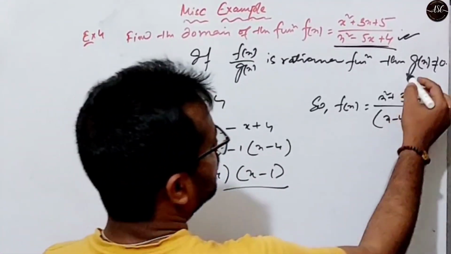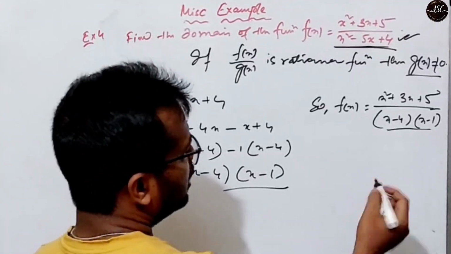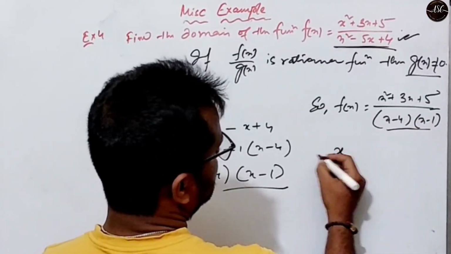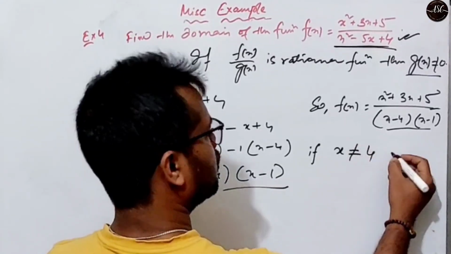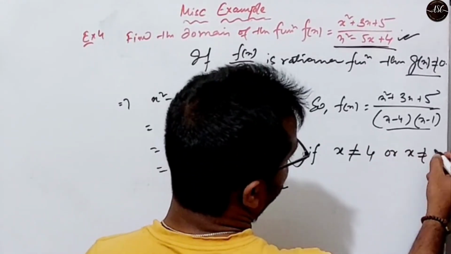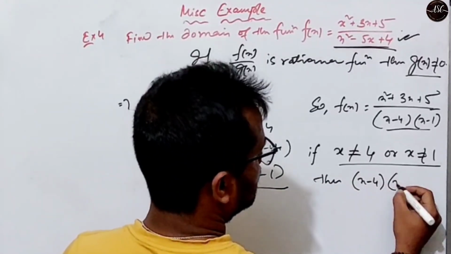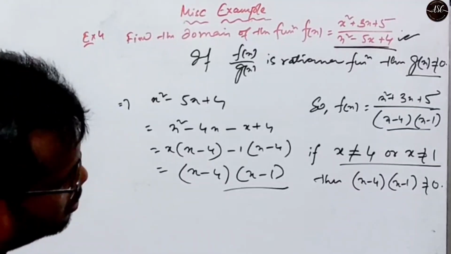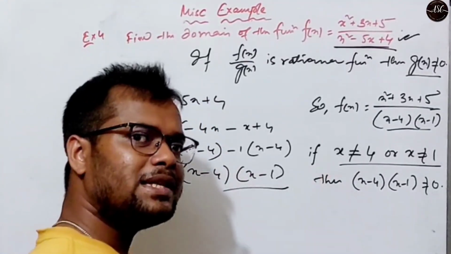We have g(x), this part not equal to 0. If x not equal to 4 or x not equal to 1, then (x - 4) into (x - 1) not equal to 0. So we know the domain.